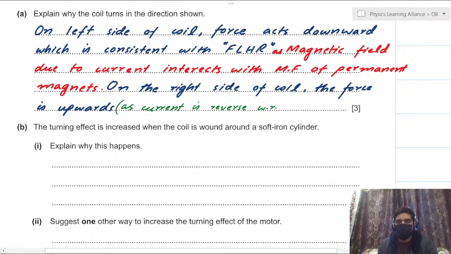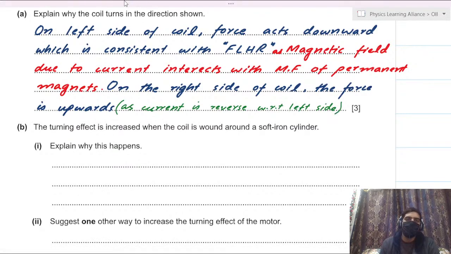With respect to the left side of the coil. So downward force on the left side and upward force on the right side produces a rotation. So that's why the coil rotates in that way.